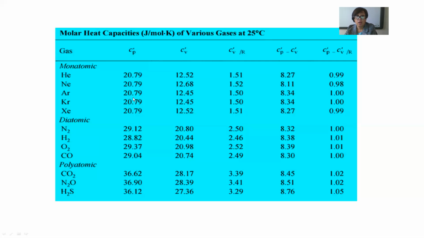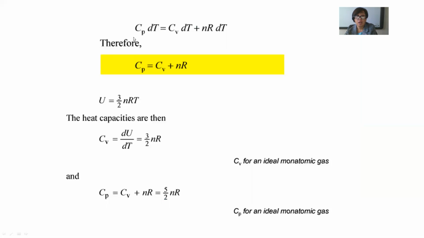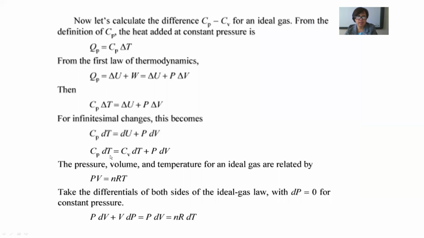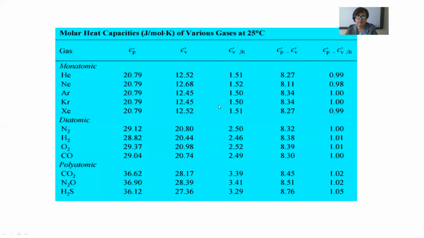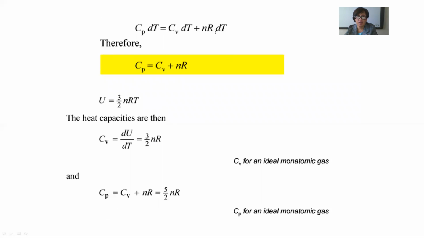Here we have Cp dT, Cv dT, and P equals nRT divided by V. Here nR dT.